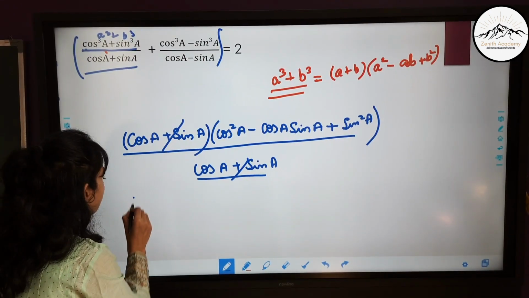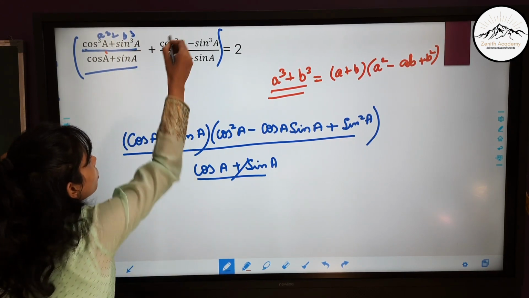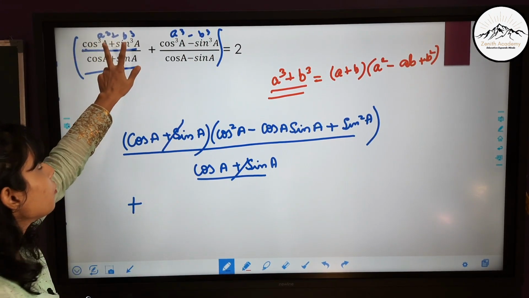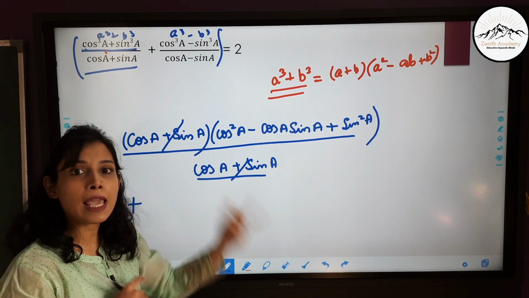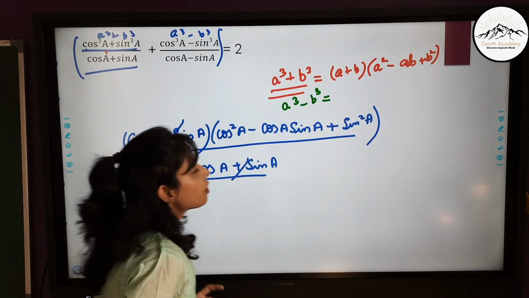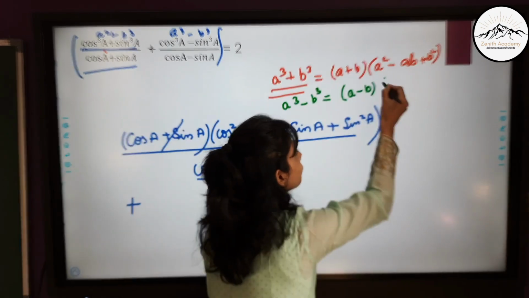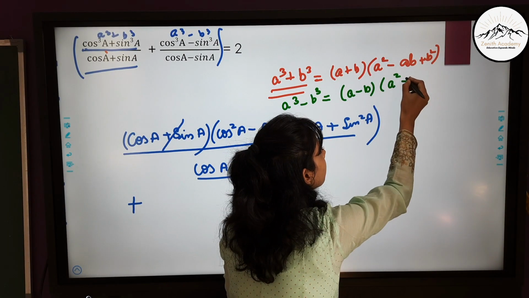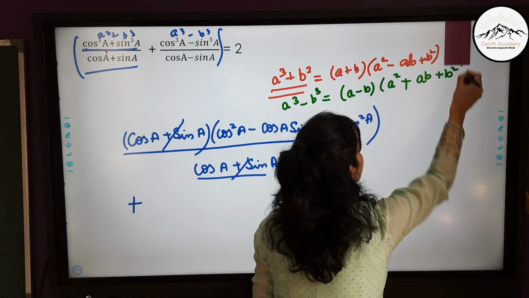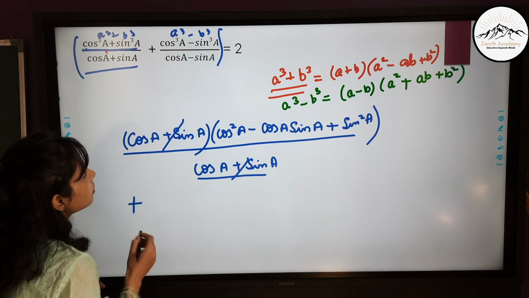Now this whole term is added to this term. Now see here what this is. A cube minus b cube. Here we have used a cube plus b cube property, and now what is a cube minus b cube? A cube minus b cube is equal to a minus b into a square plus ab plus b square. So now here we'll write this in the same way.